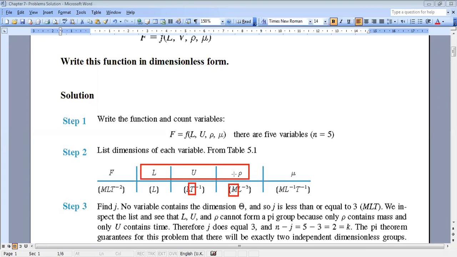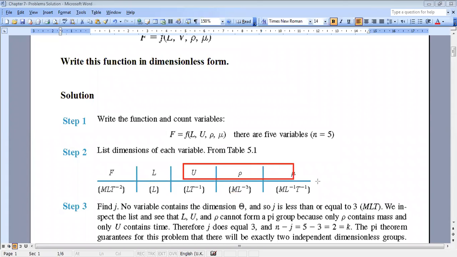cannot form a group. If it's not very clear, if each variable includes a certain dimension that is not present in the others, how can you make sure? For example, another possibility, I can take U, rho, and mu together.